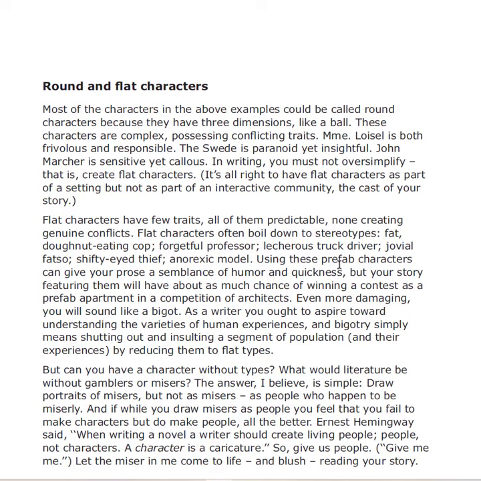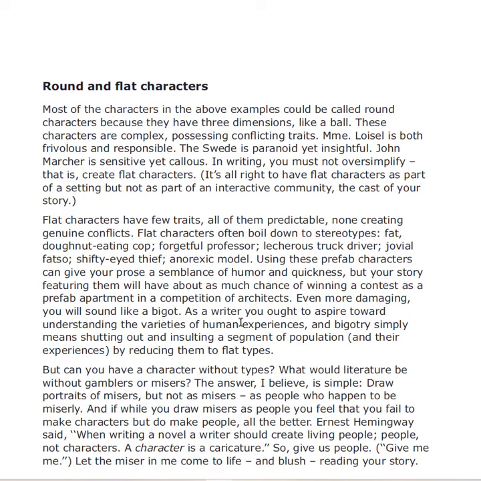Using these prefabricated characters can give your prose a semblance of humor and quickness, but your story featuring them as the main character will have as much chance of winning a contest as a prefab apartment in a competition of architects. Even more damaging, you will sound like a bigot.